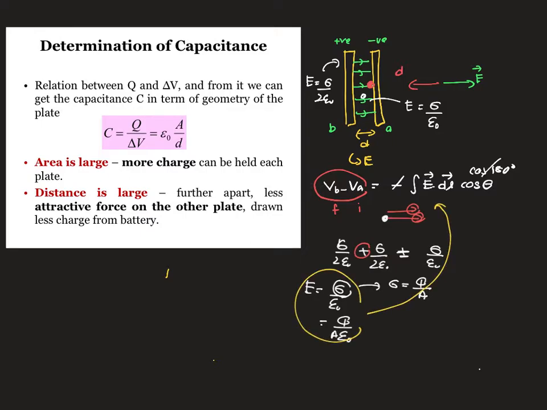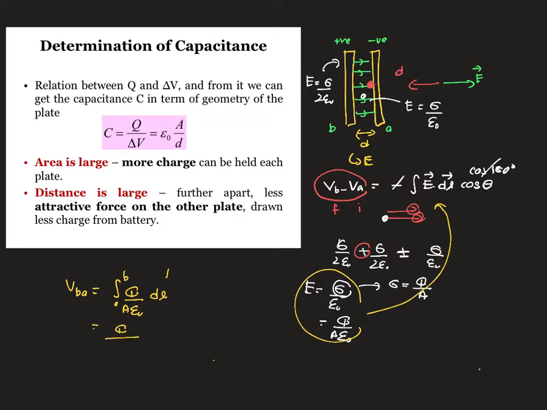Okay, so we are going to get here E, and the integration, I put it as VBA, where the negative has already been cancelled out with the cos 180 degrees. So you put here Q over A epsilon naught dl, and you integrate from A to B. Q, A, and epsilon naught are constant because they don't change. The charge stays constant, the area of the conductor plate stays constant, and the permittivity of free space also stays constant.